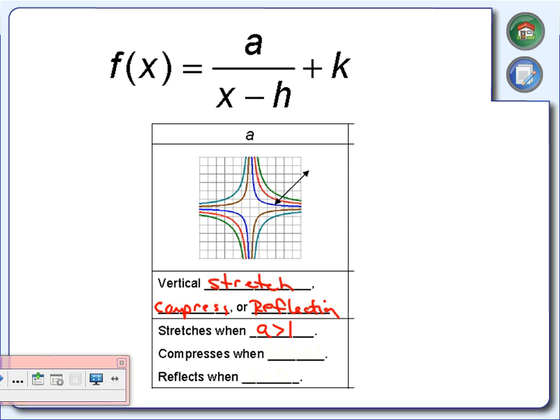Compressing. When do we compress the graph? Well, that's going to be when the number A is between 0 and what? Like a 1/2, a 1/3, a 0.6. Anything that falls between 0 and 1 would compress the graph.